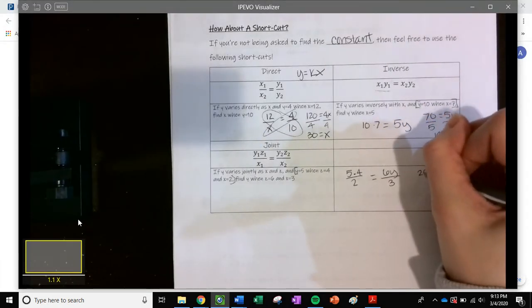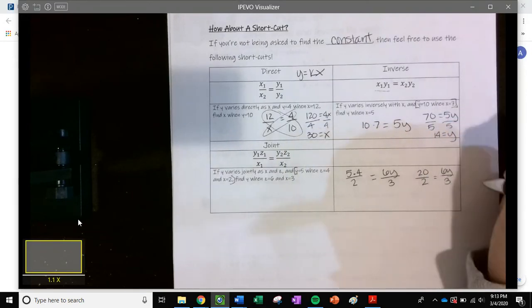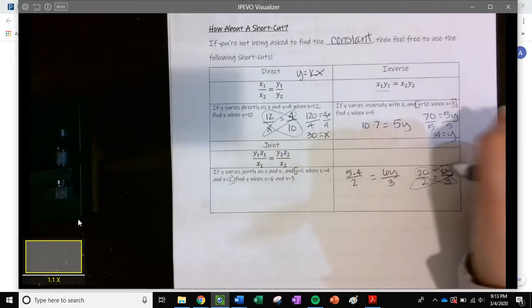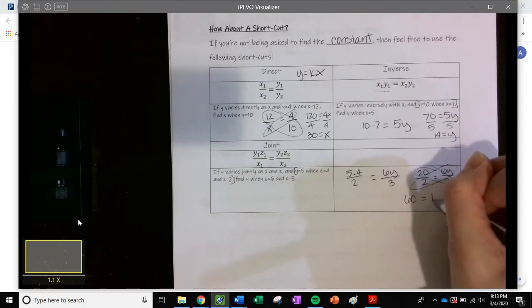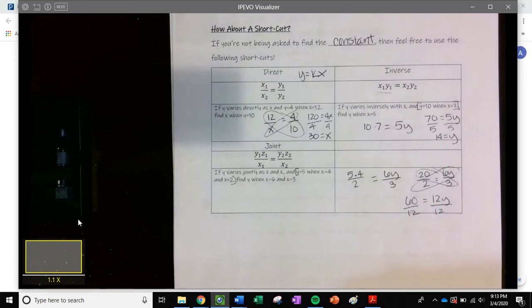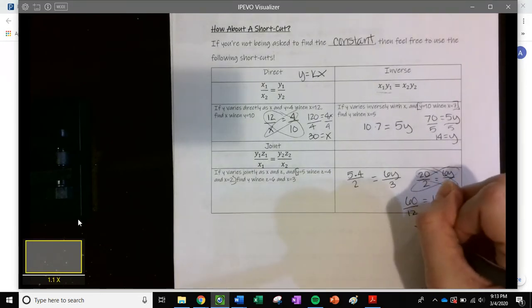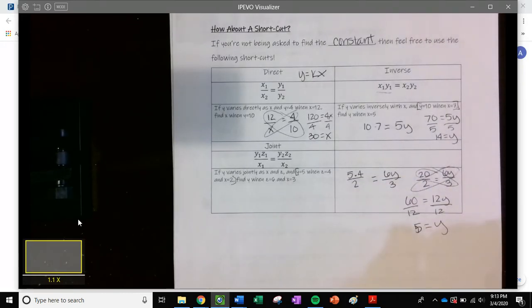All right, so we've got 20 divided by 2 equals 6y divided by 3. Again, we can butterfly this, and that means we've got 60 equals 12y, divide by 12, divide by 12, and we get 5 equals y. So those shortcuts are a huge time saver, especially if you've got a bunch of problems to do and you don't need to find the value of k.